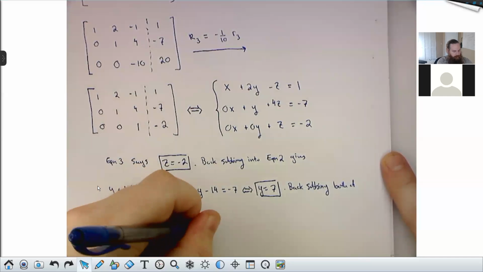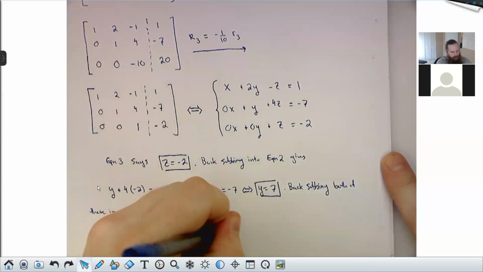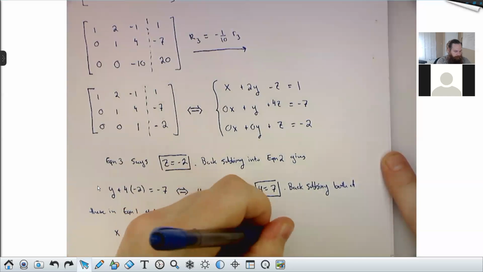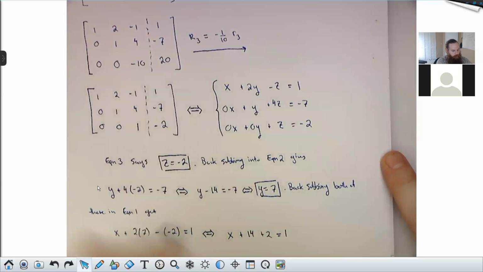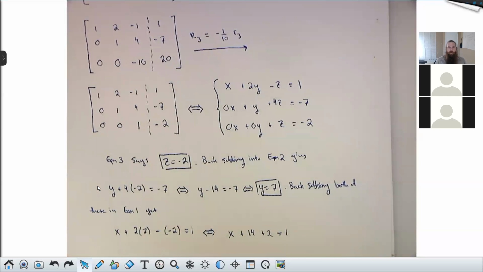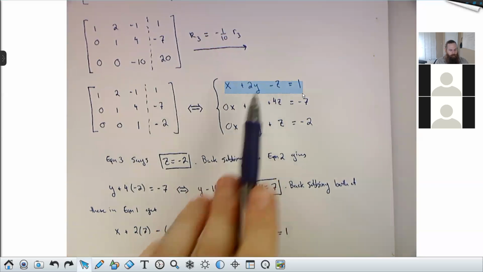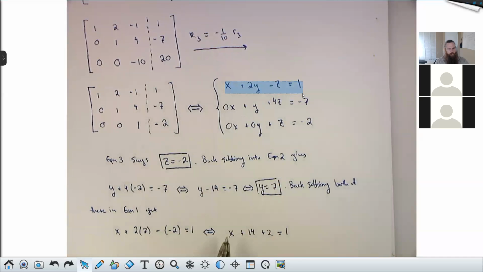So what does that say? That says x plus 14 plus 2 equals 1. Where did you get 14 from? 2 times 7. Right here. So I'm plugging into this equation, right? And I plug in 7 for y and -2 for z. So when I plug in 7 for y here, I have 2 times 7, right? That's 14.